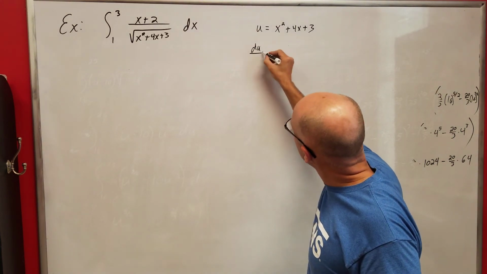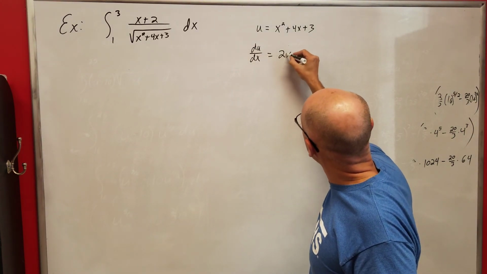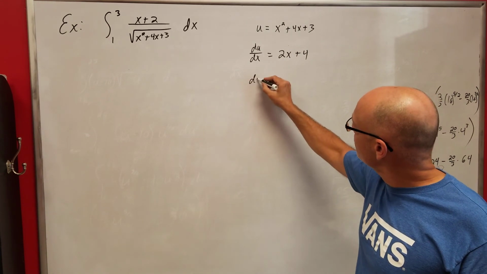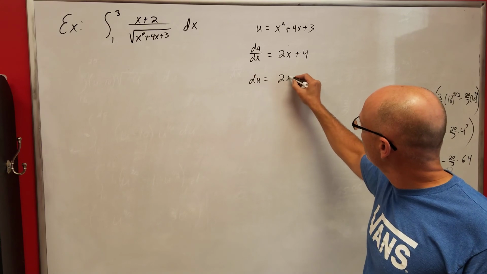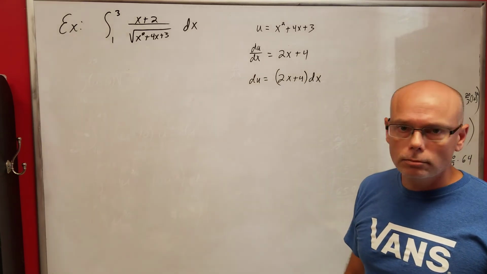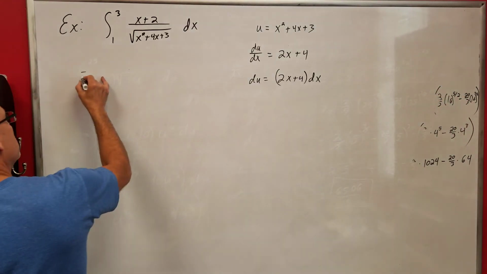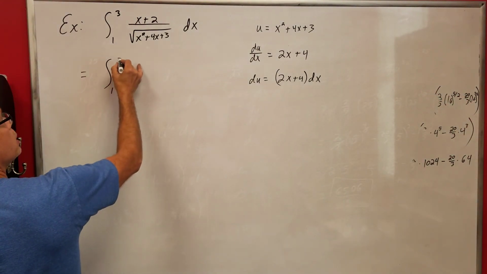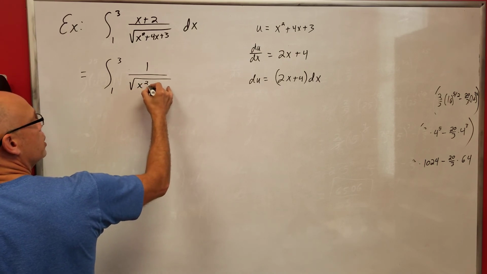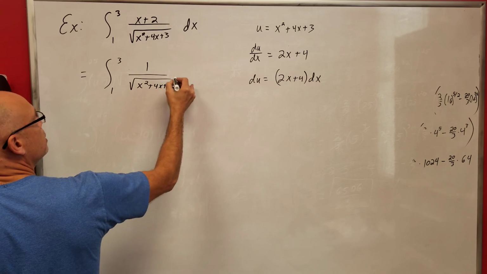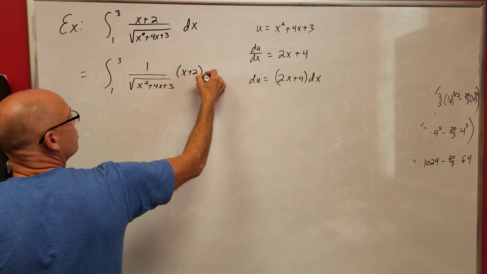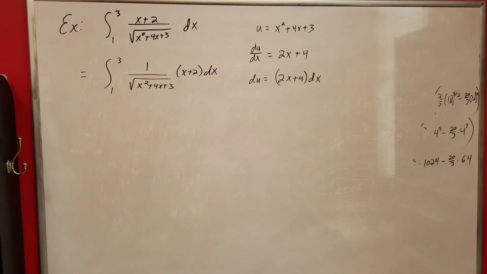So du over dx is equal to 2x plus 4, or we could say du is equal to 2x plus 4 dx. Now I'm going to do a rewrite here. This is the integral from 1 to 3 of 1 over the square root of x squared plus 4x plus 3, and bring this out to the side and have this as x plus 2 dx.